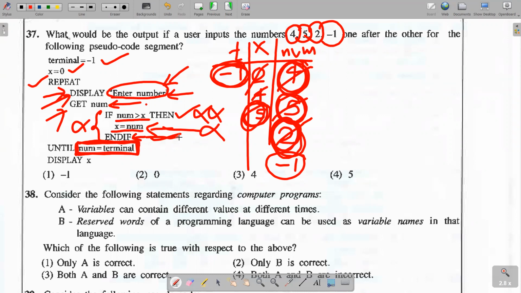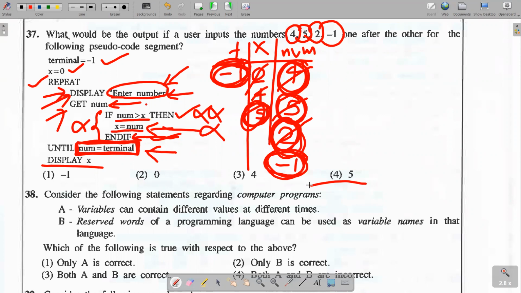And then it says until num equals terminal. So now the terminal and the num are identical, -1, -1. Right, so then it says display x. So x has the value of 5, which is the fourth one. It's going to be the answer. Right, it's a little bit lengthy, the program, but nothing hard that you are finding there.